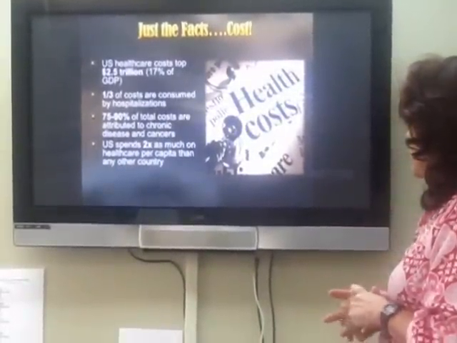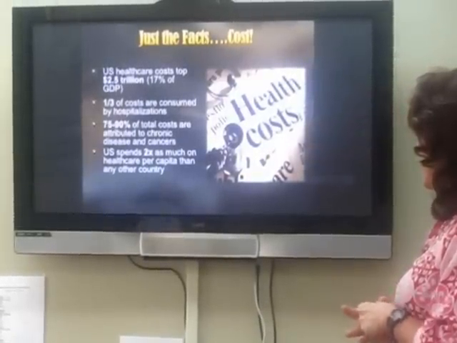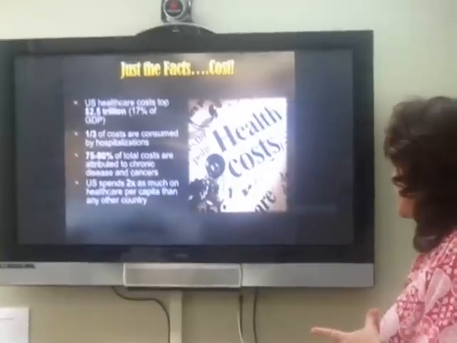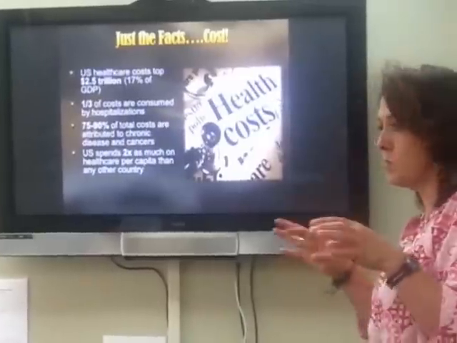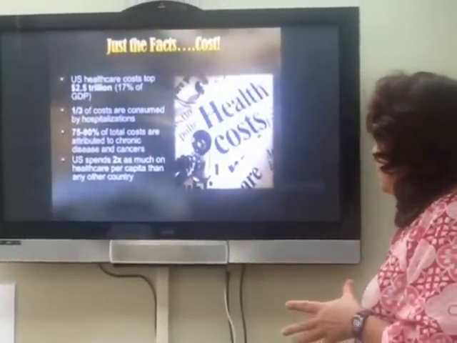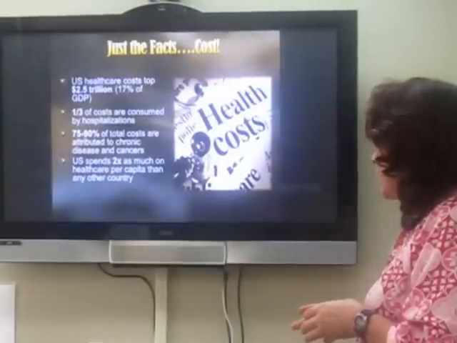U.S. healthcare costs $2.5 trillion, or actually that's our deficit right now for healthcare. One third of the costs are consumed by hospitalizations. Healthcare includes more than just hospitalizations, but we're specifically focusing on inpatient hospitalizations. 75 to 90% of total costs are attributed to chronic diseases and cancer.